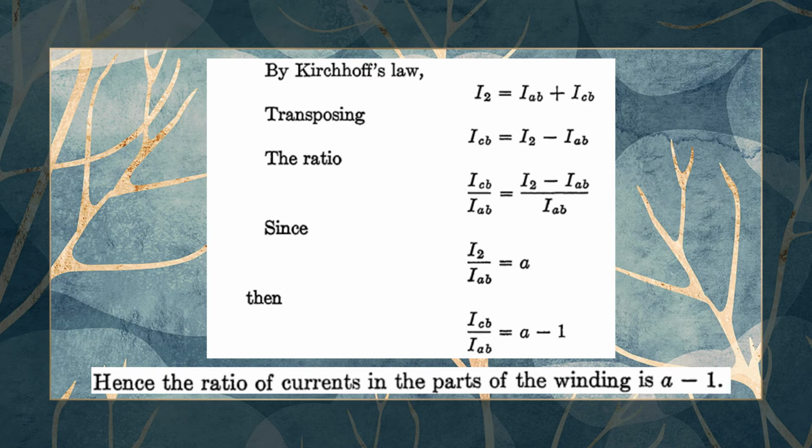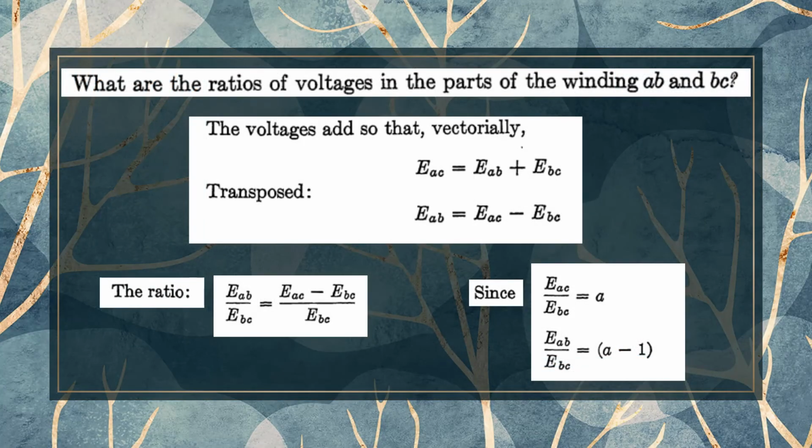At kung ang hinahanap naman natin is yung ratio of voltages with respect to the windings AB and BC, this will be the process. So, yung equation E sub AC equals E sub AB plus E sub BC, kapag transpose natin ito, hanapin natin yung equivalent value ng E sub AB, we could get E sub AB equals E sub AC minus E sub BC.